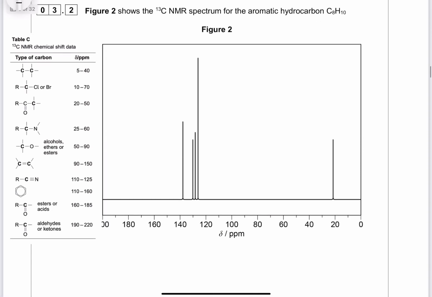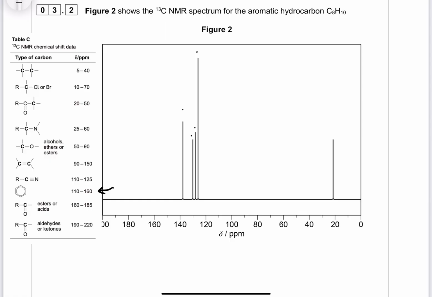Figure 2 shows the carbon-13 spectra for an aromatic hydrocarbon C8H10. I've brought in table C from the data sheet so that we can see it. What we can see here is that we've got 1, 2, 3, 4 peaks in this region, 110 to 160.